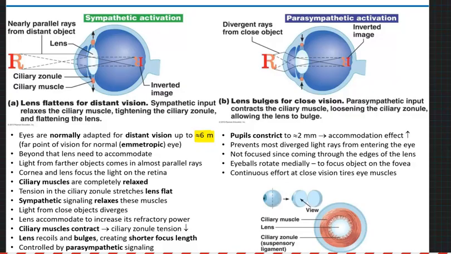Because the ciliary muscle, this circular muscle that suspends and holds the lens inside, is relaxed. When a muscle is relaxed, what happens to the muscle's diameter? It increases, right? The diameter of the ciliary muscle increases.